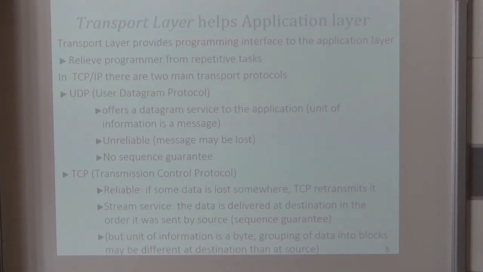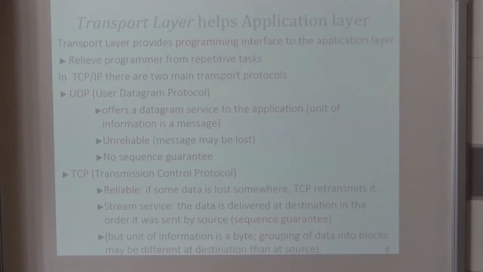It does it in a very specific way by doing what we call a streaming service, which means that TCP assumes that you write the data into the network like you would into a file. When you write into a file, you expect that things are serialized. So TCP does the same.